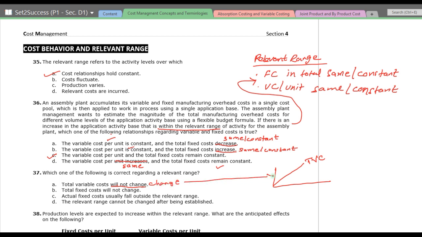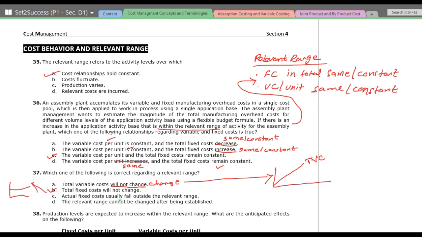That is total variable cost. Total fixed cost will not change. Yes. Under the relevant range, total fixed cost will not change because the graph of total fixed cost is the same. So total fixed cost will not change.